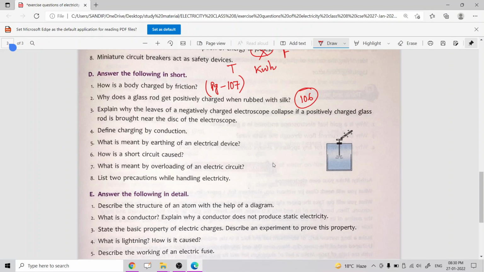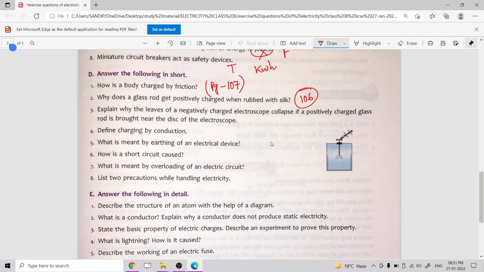Okay, and the next one is, explain why the leaves of a negatively charged electroscope collapse if a positively charged glass rod is brought very near to the disc of the electroscope. For this case, at first the leaves of the negatively charged electroscope are diverged, that means all the leaves are at first negatively charged.